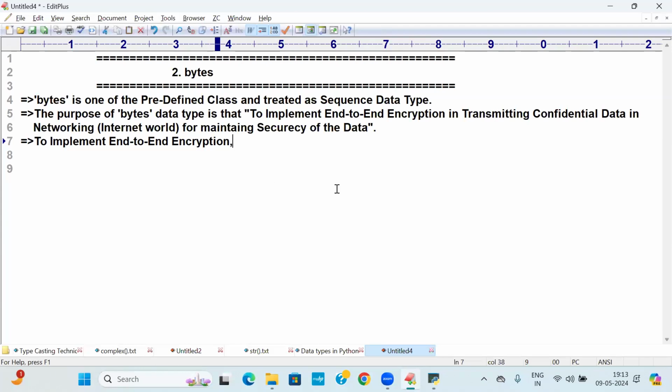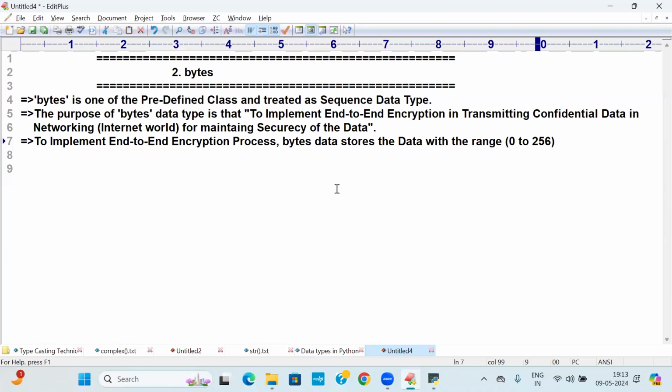To implement the end-to-end encryption process, the bytes data type stores the data with the range of 0 to 256. Very, very important.